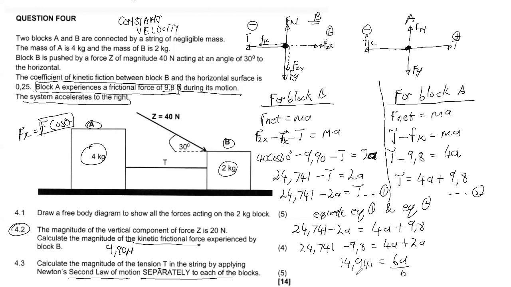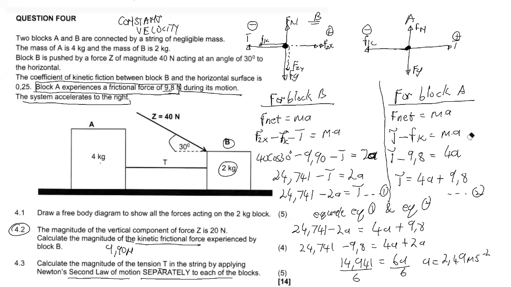Then we obviously have to divide both sides by 6, and then my acceleration now comes out as 2.49 meter per second square. Remember, SI unit is very important, but then we are not looking for the acceleration. We are looking for the tension. So we still need to go further from here and look for the tension, right?